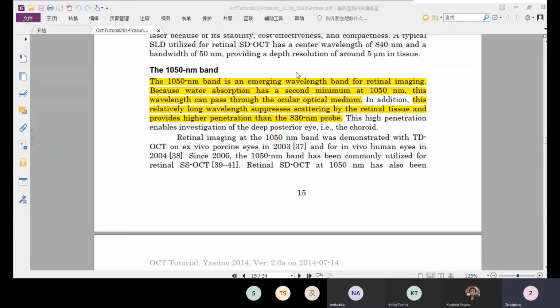Therefore, the 1050 nanometer band is an emerging wavelength band for retinal imaging.